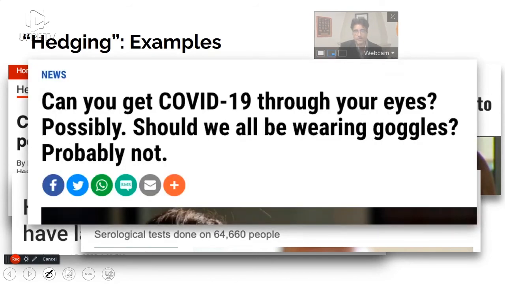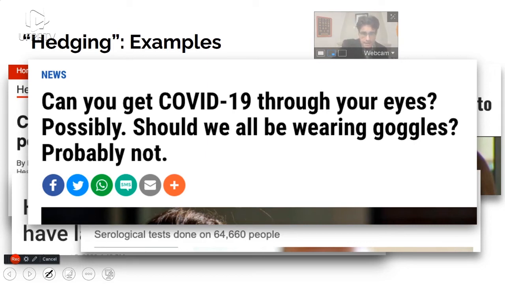Can you get COVID-19 through your eyes? Possibly. Should we all be wearing goggles? Probably not. Now, this came in the context of some reports saying that a famous medical journalist claimed that he got COVID-19 through his eyes on a flight, but even he wasn't sure about that. So they asked this question, can you get COVID through your eyes?